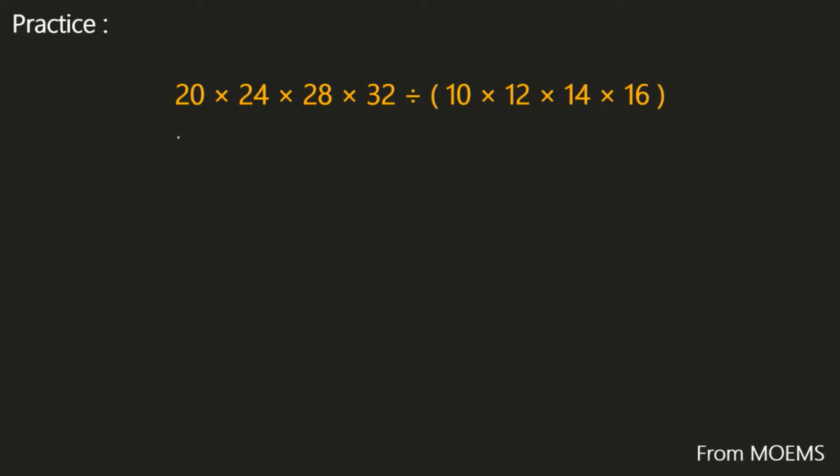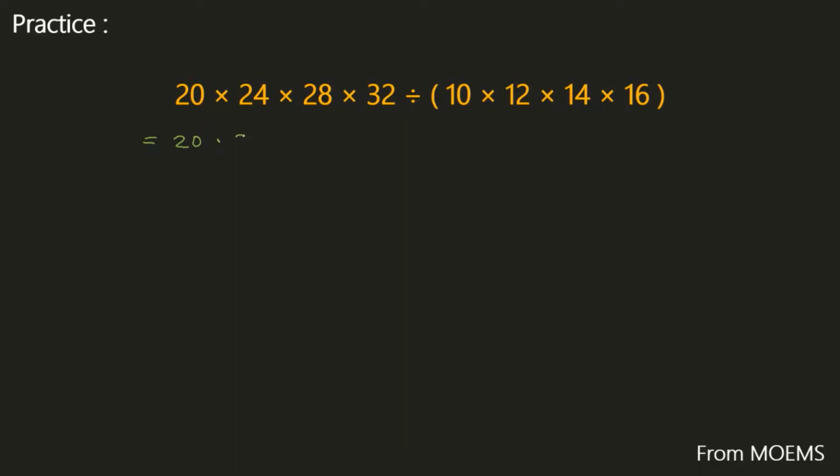Now try to solve this practice problem using all of the techniques we used in the previous 3 examples. So pause the video and try solving yourself first. In this problem, the very first thing we're going to do is to convert this division into a multiplication. So let's copy down first everything in the front.